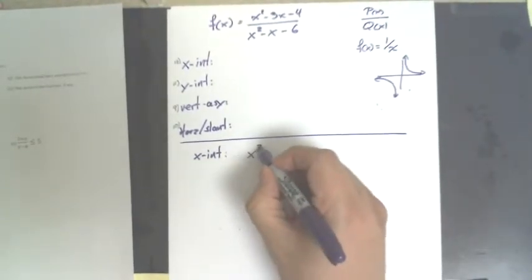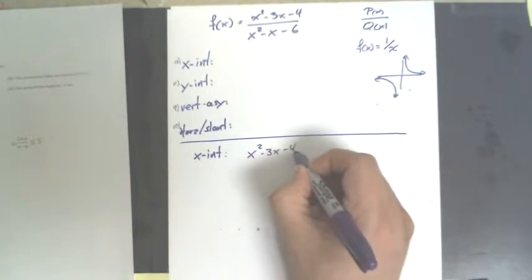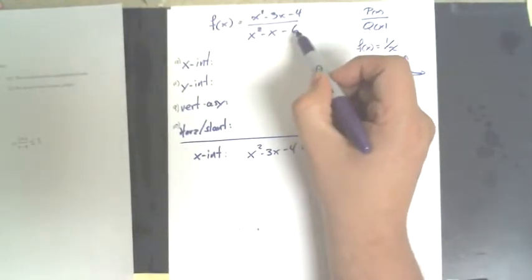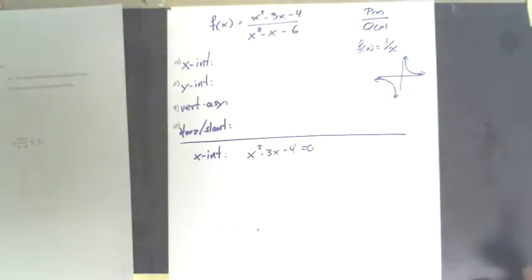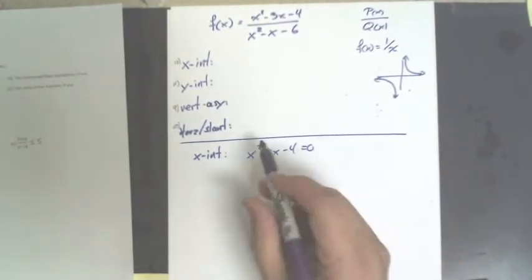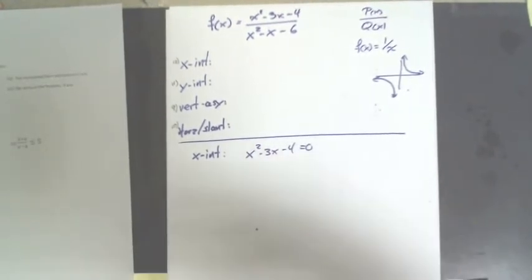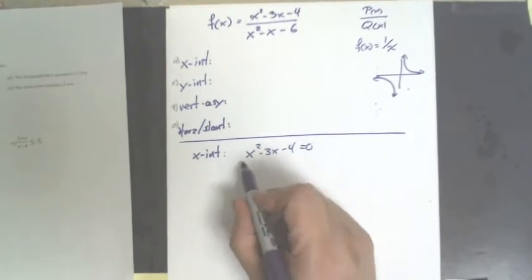Just let x squared minus 3x minus 4 equal 0. When your numerator is 0 and your denominator is not 0, the whole fraction turns into a 0. 0 over 5 is 0, 0 over 7 is 0, 0 over almost anything except 0 is 0. So if we knew what made the top 0, we'd have a good sense of where our x-intercept should be.